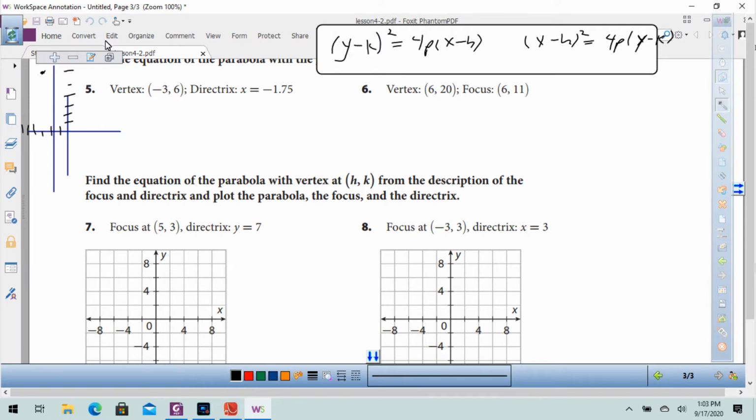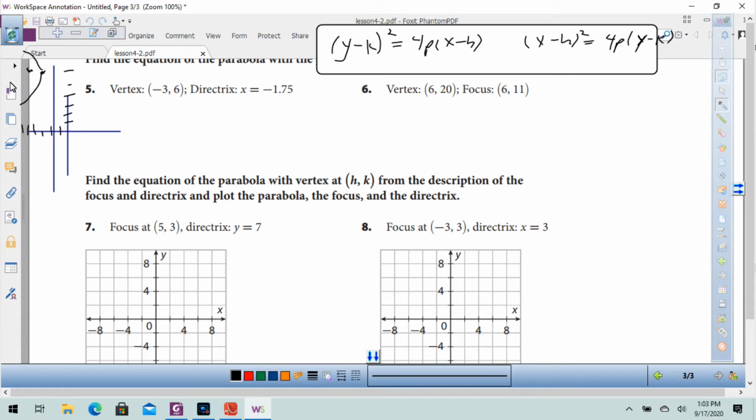That means if this is going to open like this, right? And of course my focus is going to be over here. And let's see, how far is that? That's negative 3, that's 1.25, so this will be at 4 1/4, right?